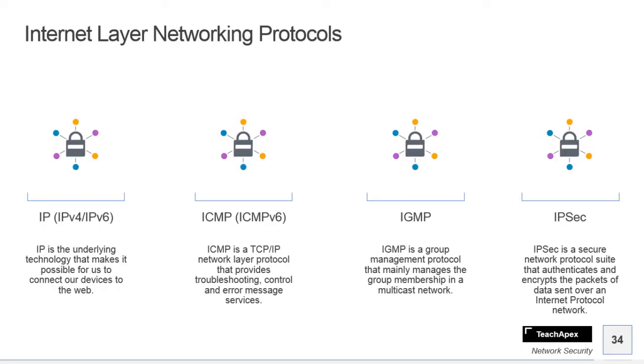Next we have IPsec. IPsec is basically for internet protocol security. In short, it's known as IPsec. It's a secure network protocol suite that authenticates and encrypts the packets of data sent over the internet protocol.